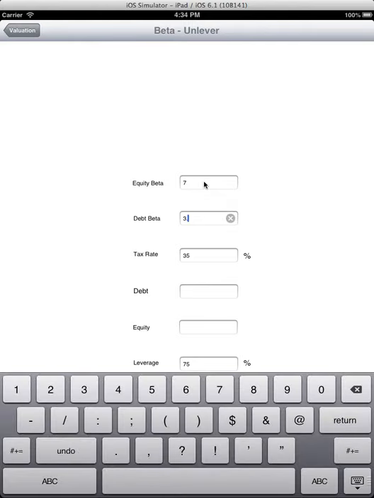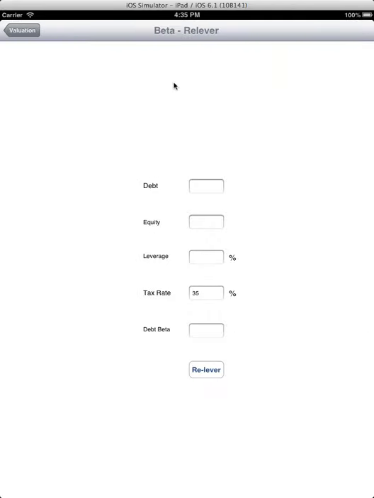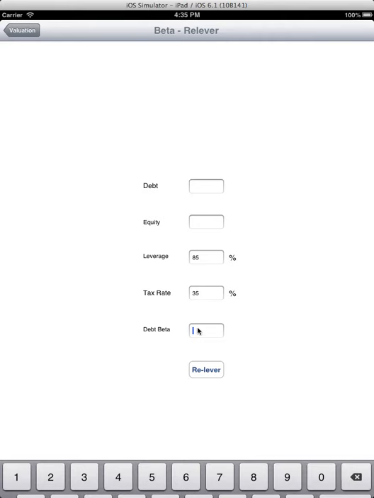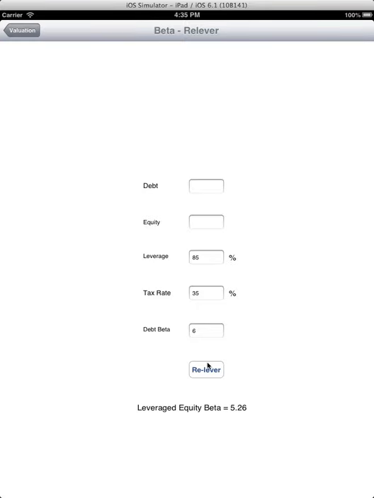Another is 7, another is 3.9, say here it is 78%, and we added that. So this is the average asset beta. And now we go to relever. Say the leverage is 85%, and the default tax rate, that's where we're going to leave it, and the debt beta is, for example, 6%, and now this is what we get.